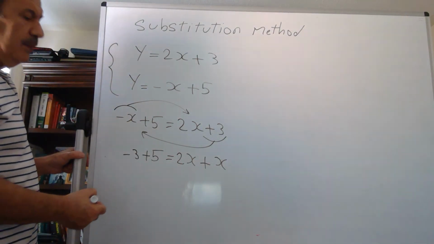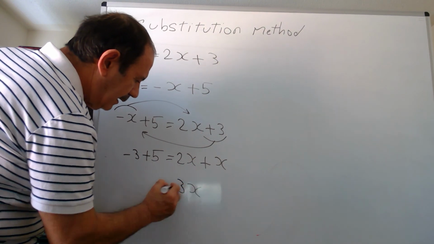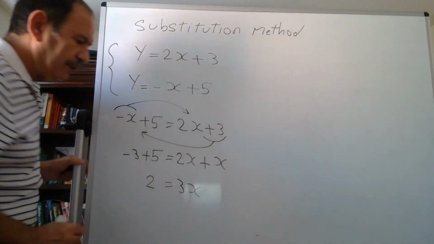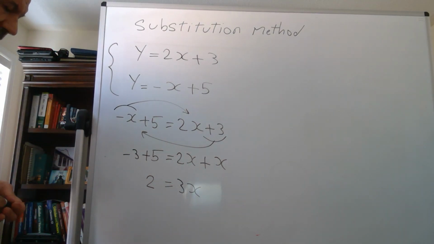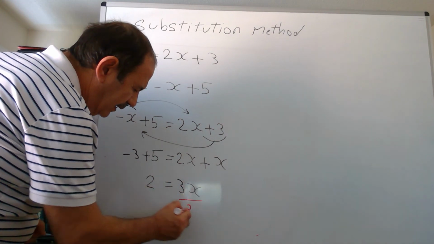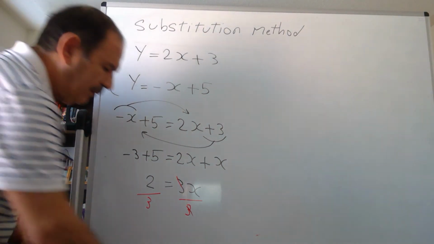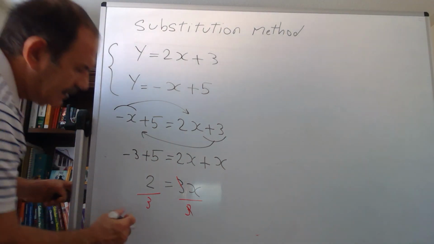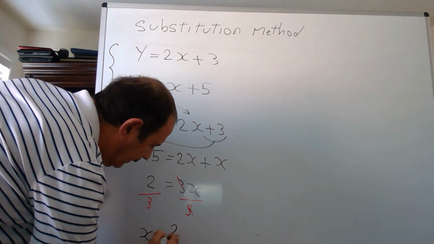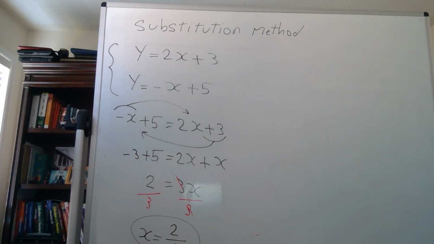Then simplify both sides. 2x plus x is going to be 3x, and negative 3 plus 5 is going to be positive 2. Now because we are looking for x, just divide both sides by the coefficient of x, which is 3. Then these 3s cancel each other, and x is going to be equal to 2 over 3. Okay, x equals 2 over 3 is one of the answers.